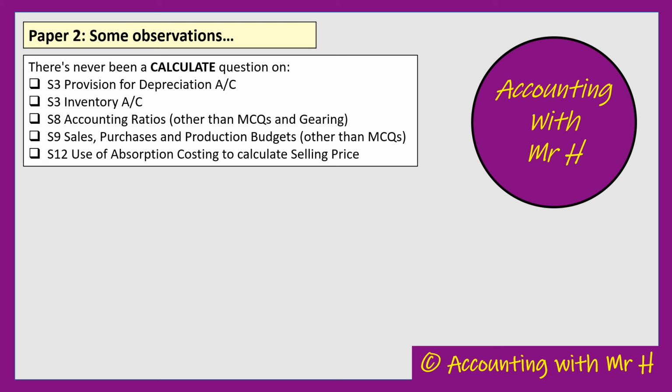So the idea that you'd have to calculate the overhead absorption rates, they've done that before in 2019, but then they haven't asked you to use those overhead absorption rates along with the direct costs to calculate the total cost and then perhaps add a markup to get to the selling price. So that might be something just to be looking at. So a bit mixed really for paper 2, but perhaps giving you some ideas of some things that might be worth thinking about in your revision.